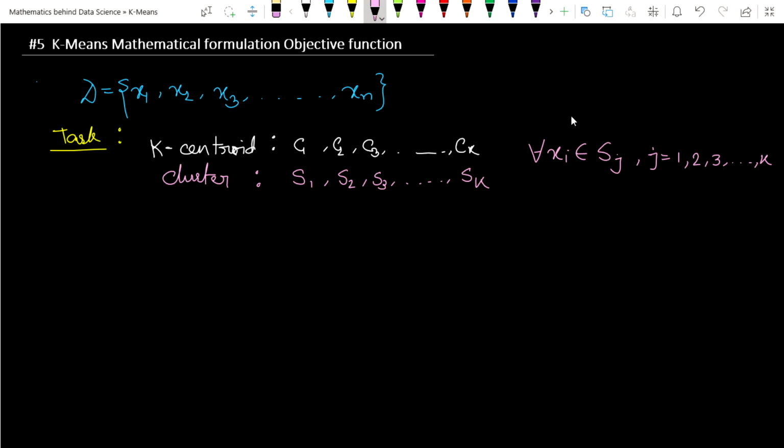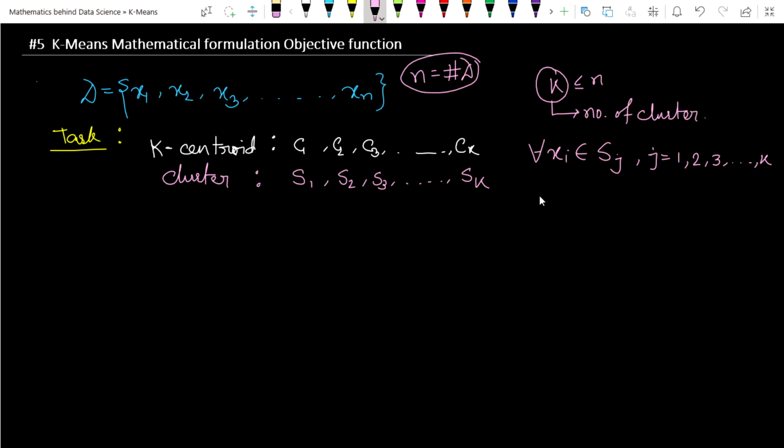And you have to always remember that k is less than or equal to n, where n is the number of data points in our data set, and k is the number of clusters that we are interested in building.